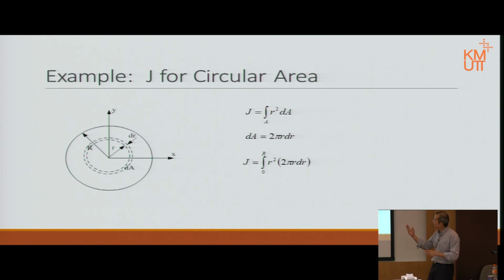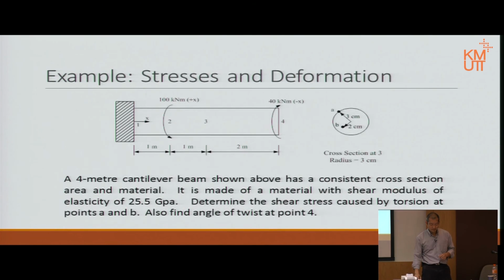Simple integration done in one step. Then that is the J for the circular area, which is pi r to the 4th over 2. Once we know how to find J, we will actually look at how we calculate the shear stress and the angle of twist.